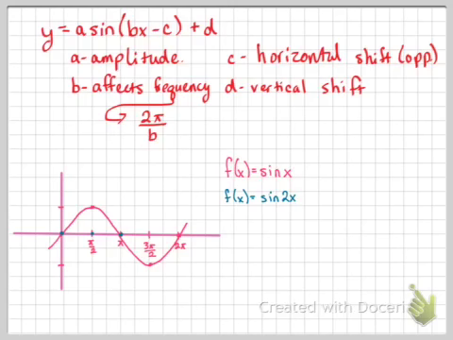So I have these 3 blue dots here, and I know what the shape of my sine 2x graph needs to be, but I didn't manage to catch the peak and the valley when I was estimating points. There are a couple ways to deal with this. One, I can think, what x value would I need to put in there so that I'm looking at the sine of pi halves? 2 times what would be pi halves? Oh, that's pi fourths.